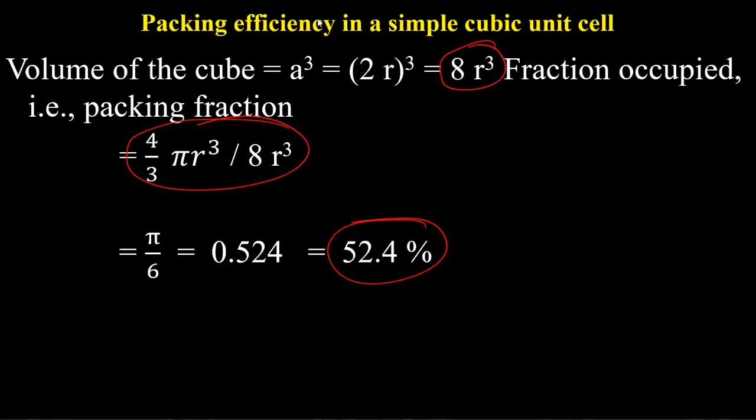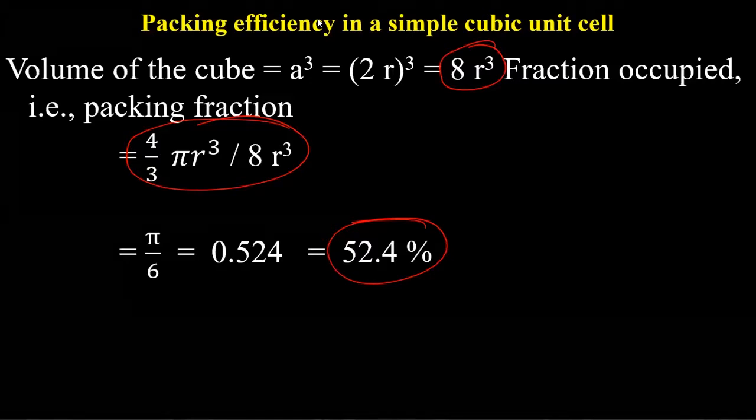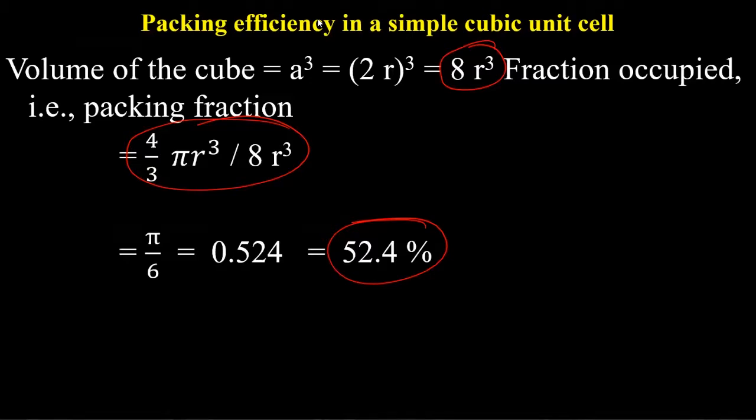Based on that, packing efficiency will change. But don't think that if the total contribution is 1 plus 3, that is 4, it will be 4 times 52.4. It won't be like that. Why? Because the size of the cube will also increase.